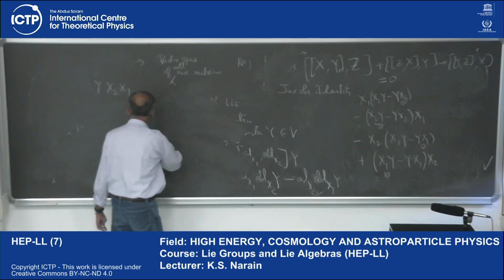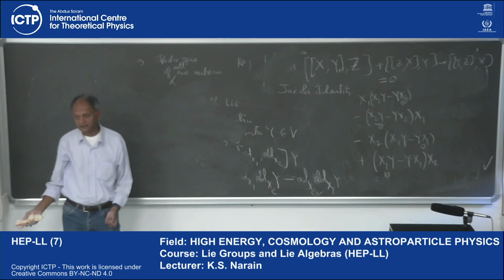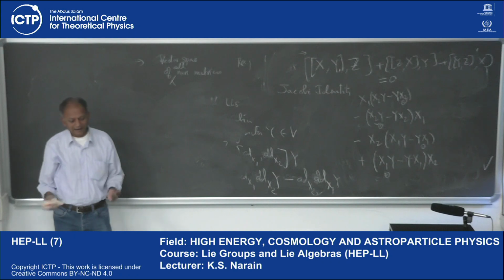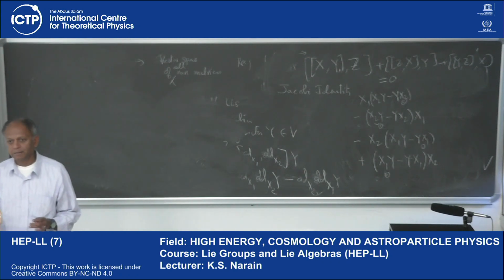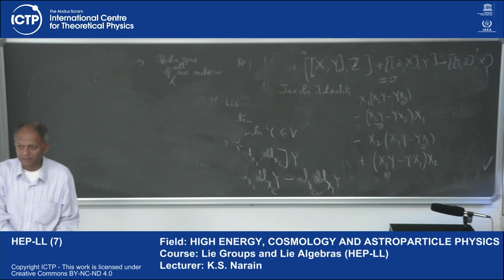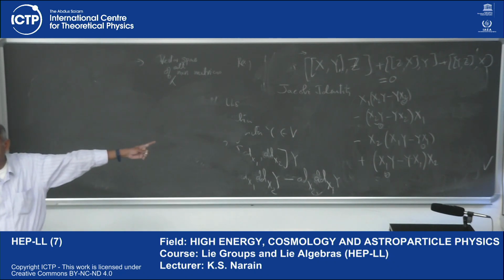In the abstract definition of the Lie algebra, you don't think of the Lie algebra as given by some matrices. In this course, we'll always be restricted to matrix groups, and therefore matrix algebras. So the definition of the algebra itself involves matrices. In that case, you don't need to put in the Jacobi condition in the definition.